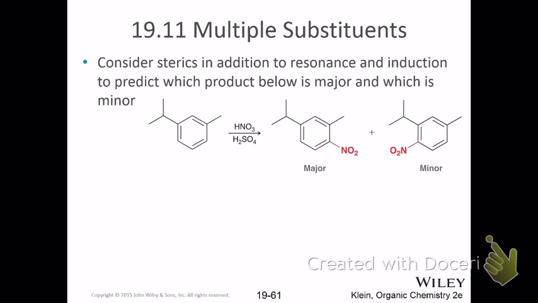Where the orientation is favorable, yet I don't have a product drawn there. The one right between, because that would be ortho to both. Why don't you think there's a product there? Same reason that the major product's the major product: there's so much steric strain to get another group in between the groups that it just doesn't form there.